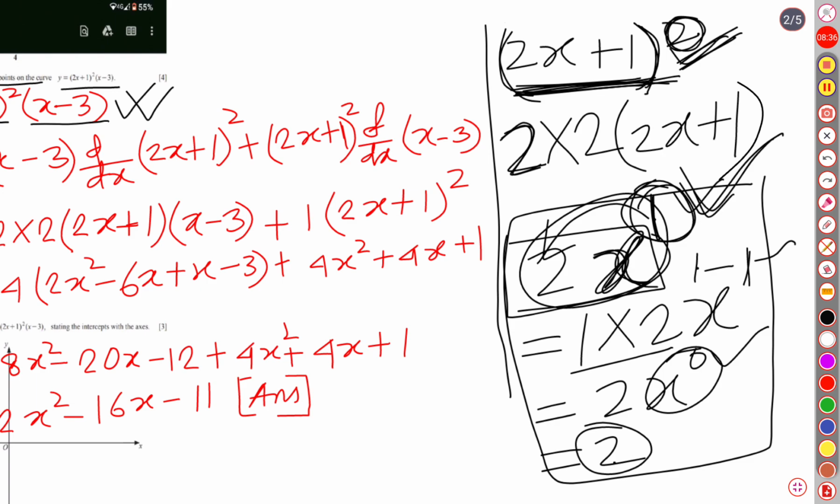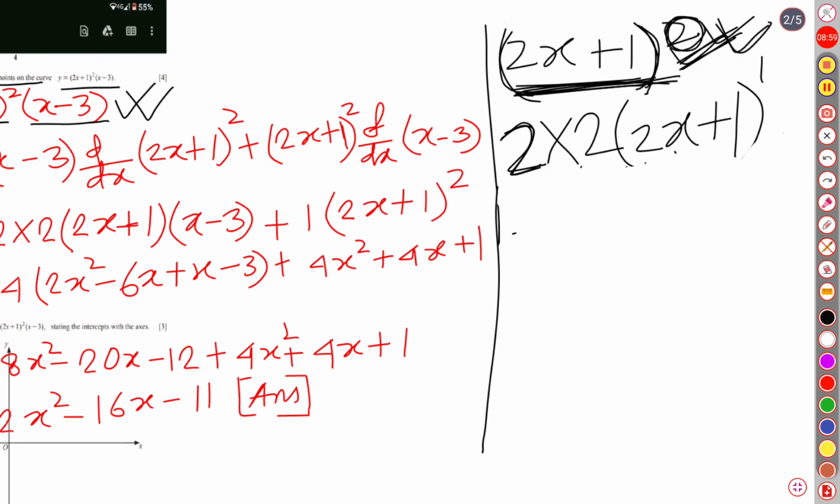The exponent is always reduced by 1, so from 2, if we subtract 1, it is going to be 1. So this is ultimately 4 into 2x plus 1. Let me write this below after erasing this: equal to 4 into 2x plus 1. This is the derivative of the first function.